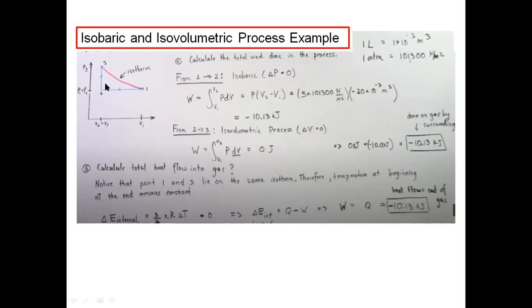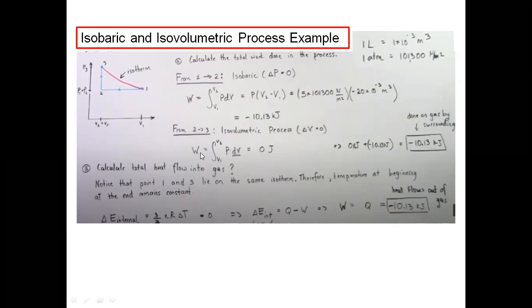Now, from 2 إلى 3 العملية الثانية is isovolumetric process. هذا يعني إنه the change in volume is zero because in an isovolumetric process the volume is constant. So delta V equals zero.